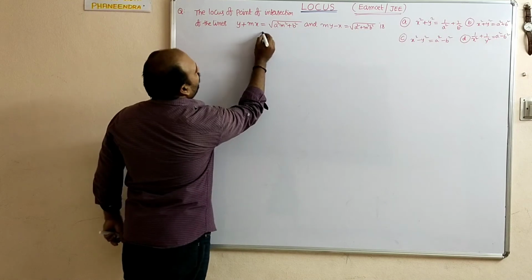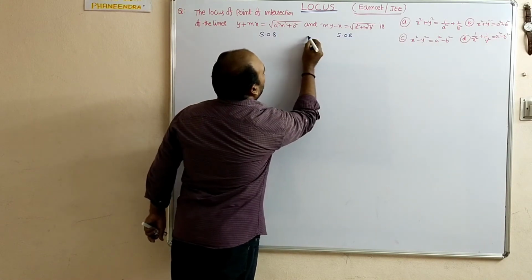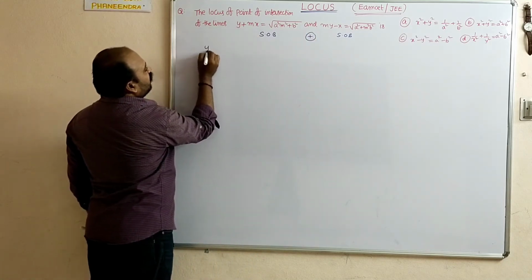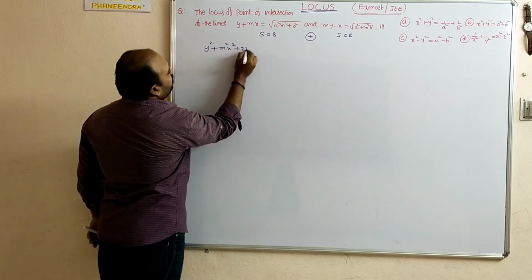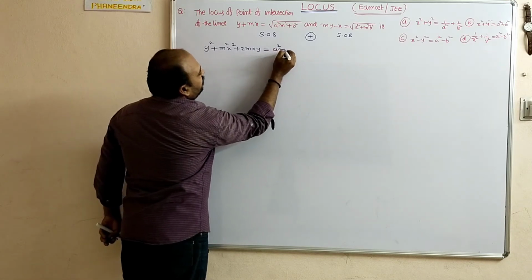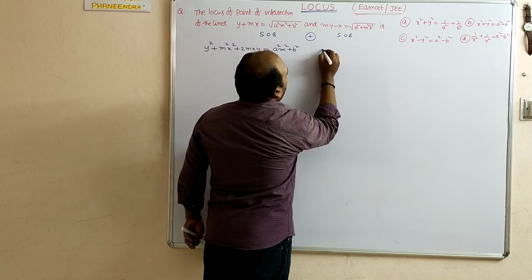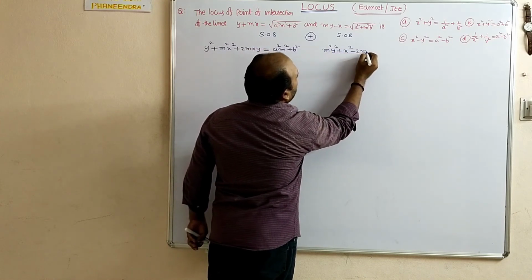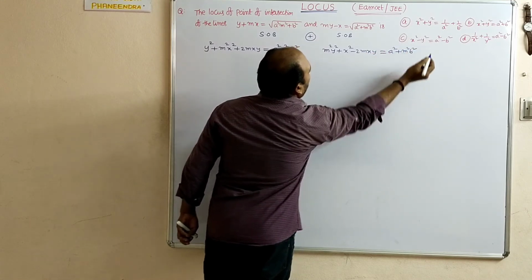So squaring on both sides, here also squaring on both sides. After that you can add both. (a plus b) whole square expansion: y square plus m square x square plus 2mxy is equal to a square m square plus b square. Here, m square y square plus x square minus 2mxy is equal to a square plus m square b square.